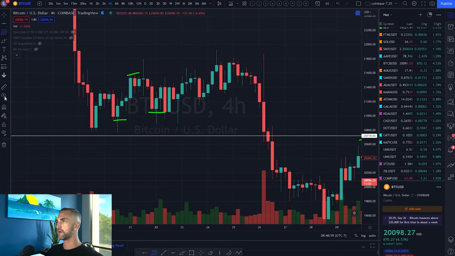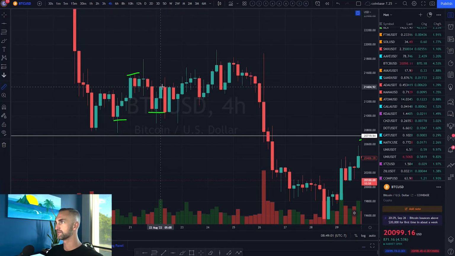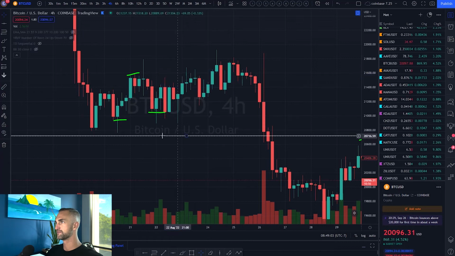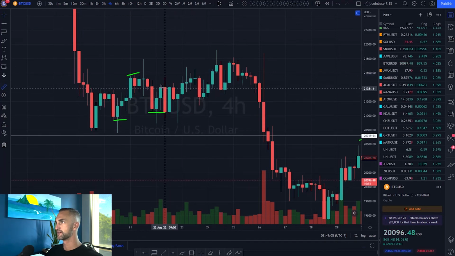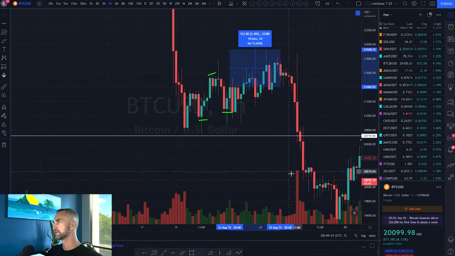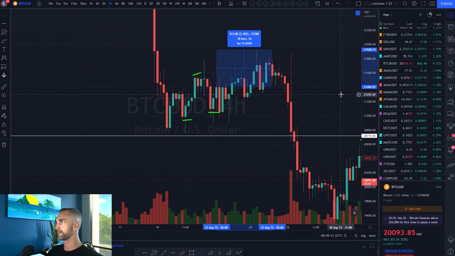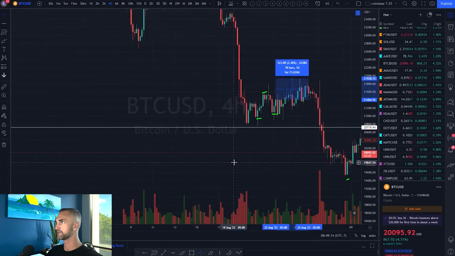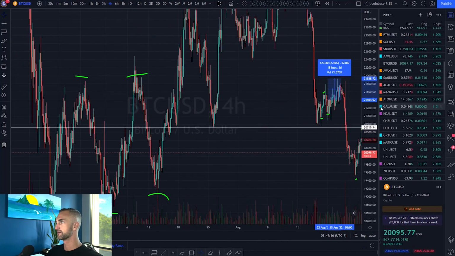How much would you have made if you traded it perfectly? 2.5%. Not bad. Okay, that was an hourly trend reversal to the upside.